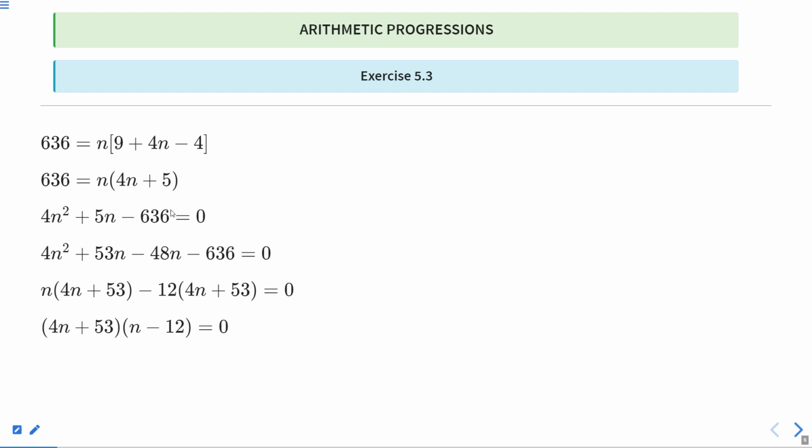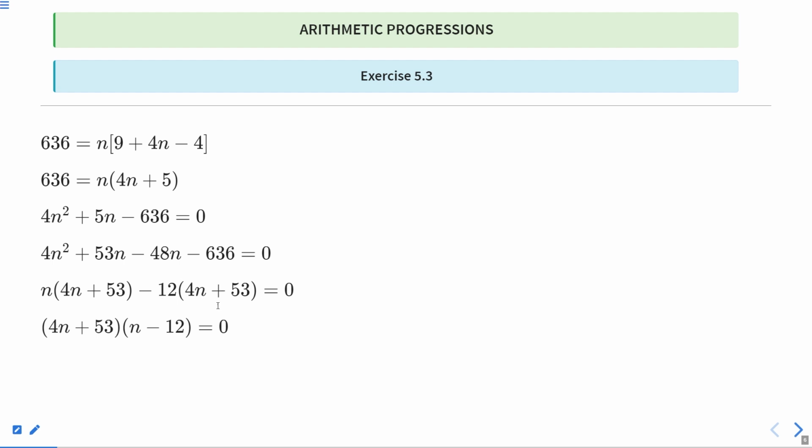Here we'll factorize this quadratic polynomial as 4n square plus 53n minus 48n minus 636 is equal to 0. From these two terms we can take out n, then we get n times 4n plus 53, and from these two terms we can take out minus 12.